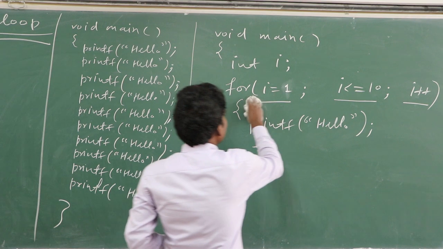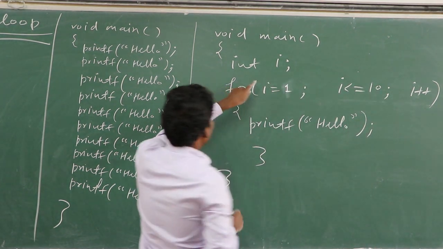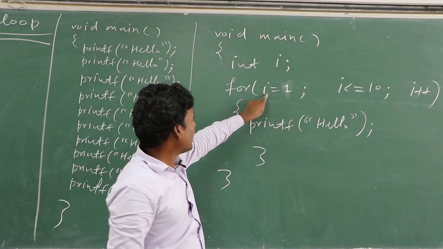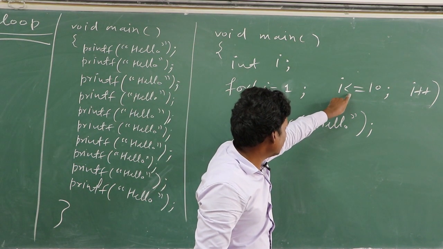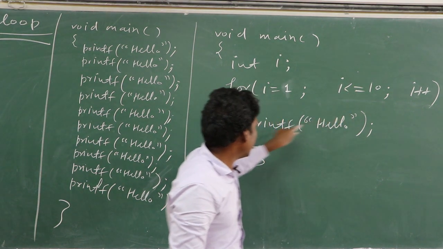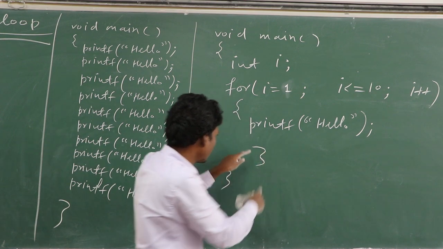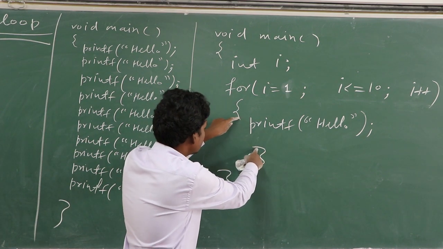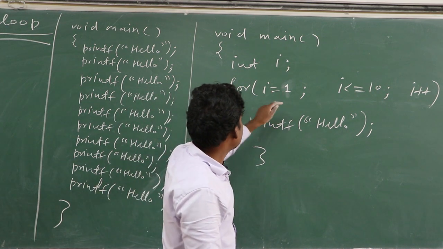So class, I has value 1. First test the condition. If this condition is true, then the set of statements will execute, otherwise control exits from this loop, this block. Okay, so let's start.